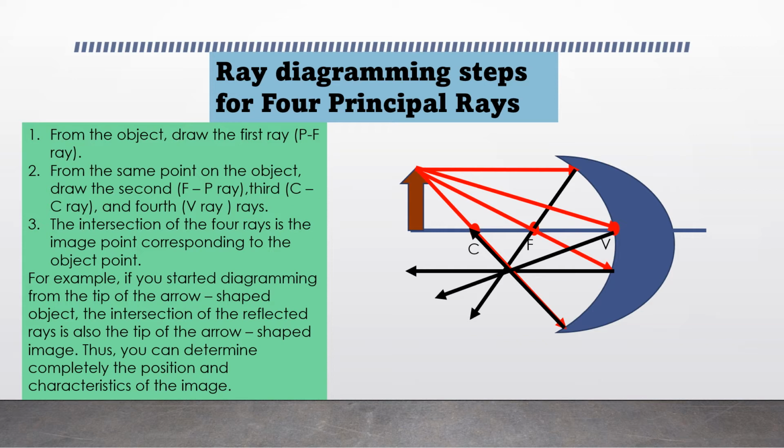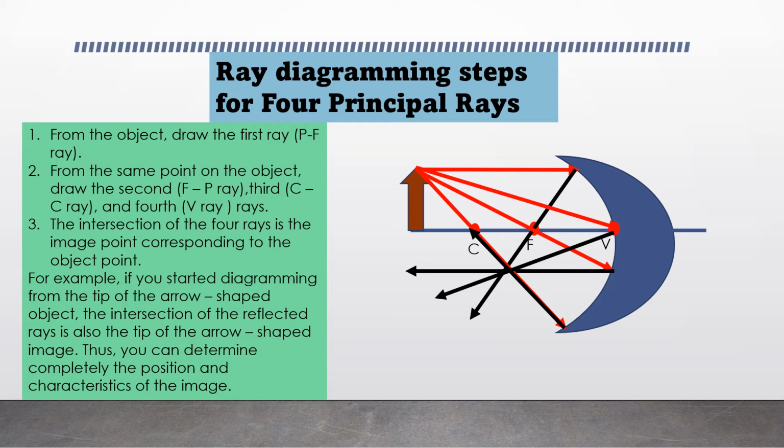Now, have you seen that the reflected rays meet or intersect after the reflection? If you see that the reflected rays intersect, that is where you will see the image. So at this time, the intersection of the four rays is the image point corresponding to the object point.